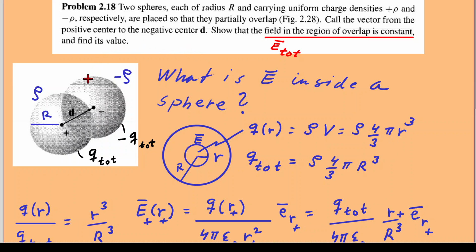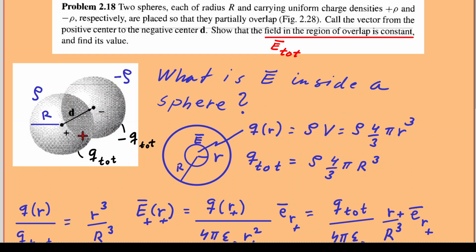Suppose we have two homogeneous charged spheres, and in this thought experiment we are overlapping one sphere which is negatively charged with the other sphere which is positively charged. And then of course for every negative charge in this region there is a positive charge.